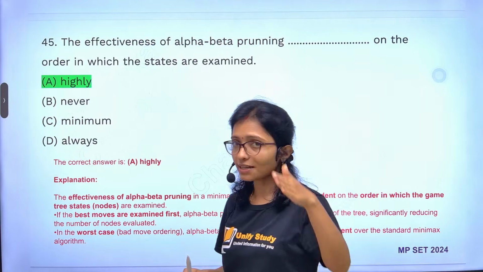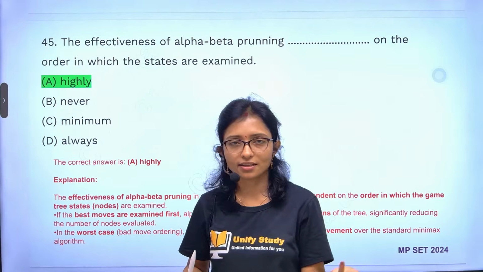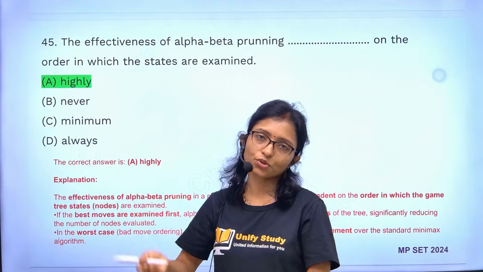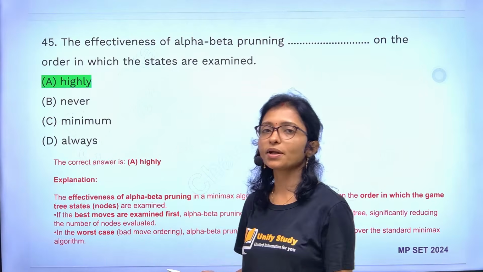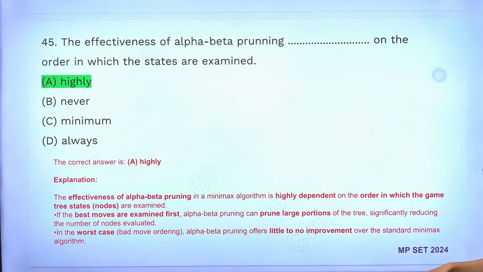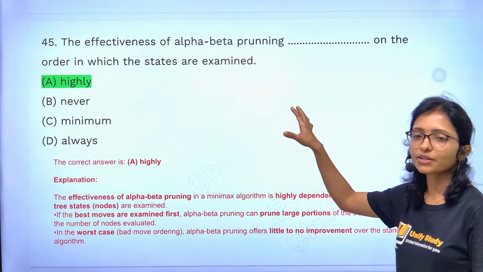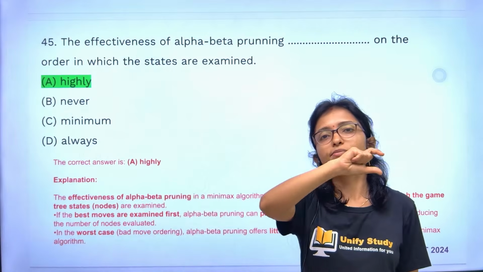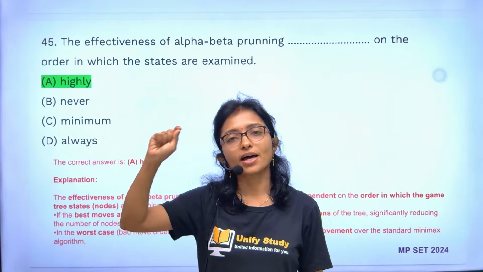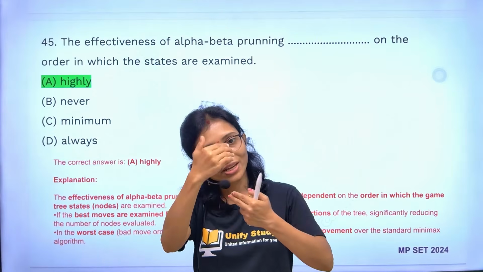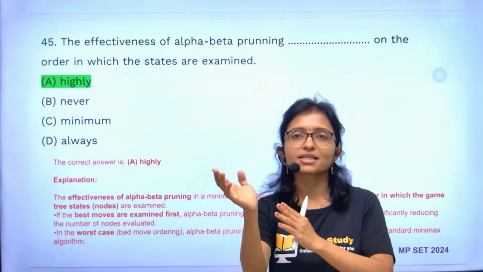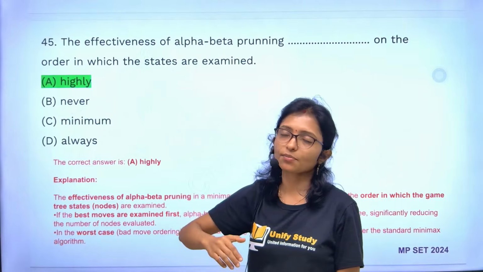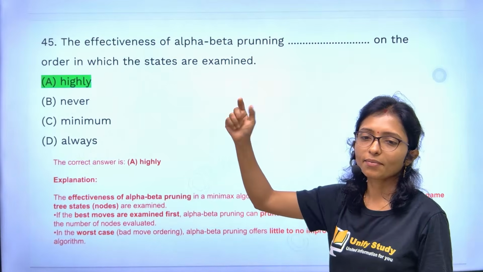If you are visiting the left side first, then maybe you can save time, but if you are visiting the right side first, maybe you have to do more. That's why it is highly dependent on the way you are traversing. The same statement was there in UGC NET, and that's why I am telling you to always write down the same statement in your notebook as a one-liner, because the questions are the same. Sometimes they just make them in a different way. The same question is there in UGC NET as a statement, and here they make it a fill in the blank.